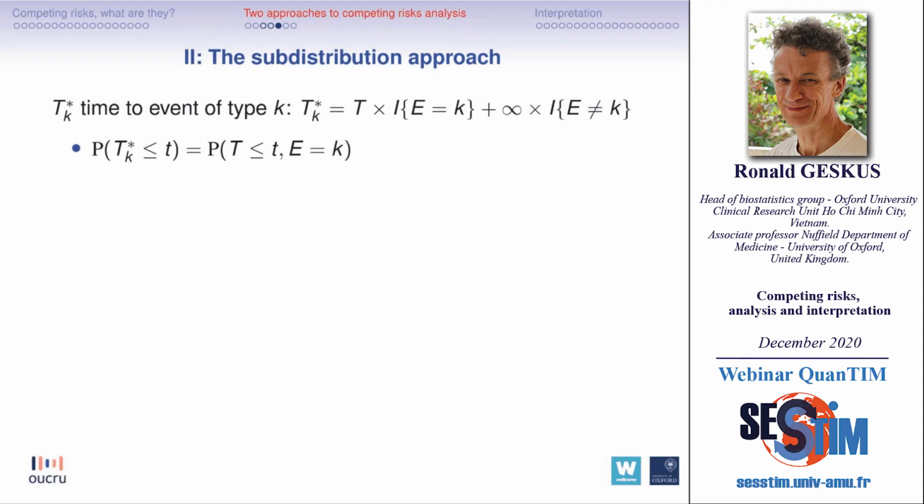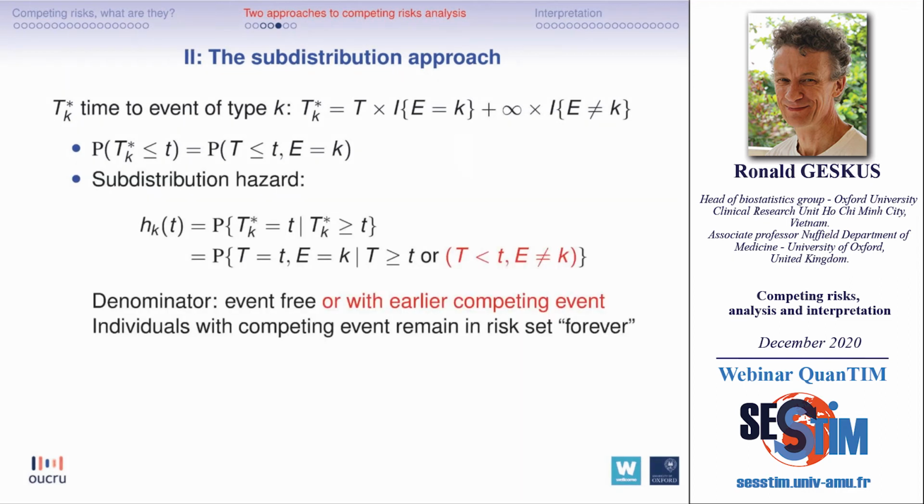And we can also define the hazard of this new random variable. So the subdistribution hazard, it's the same type of definition, but now with respect to this new random variable. What changes, however, is if we look at the condition.